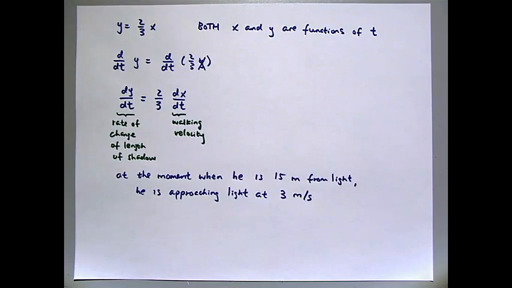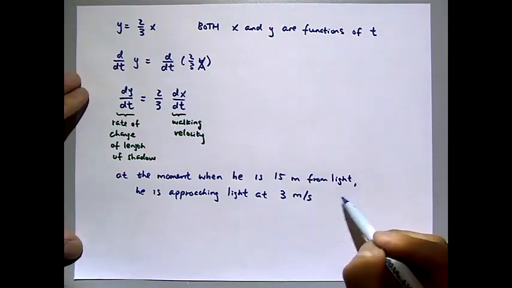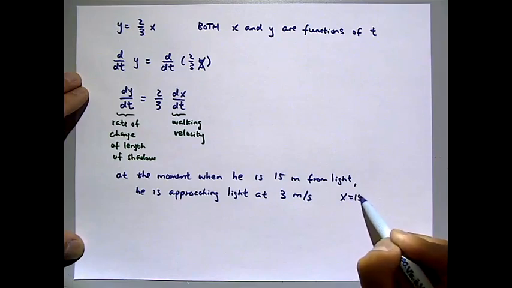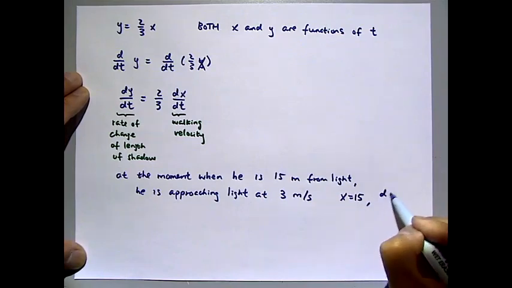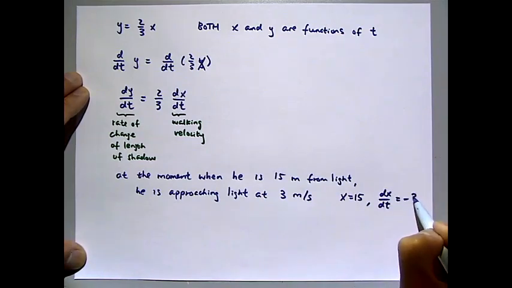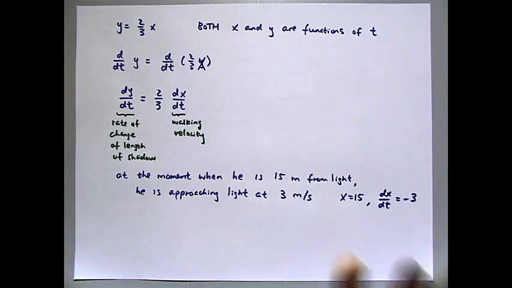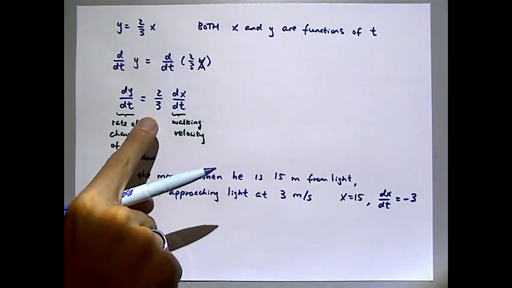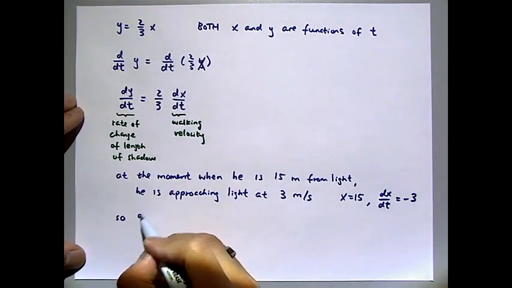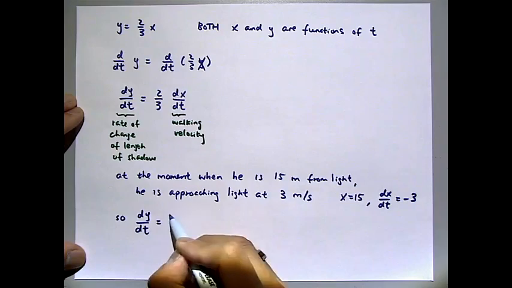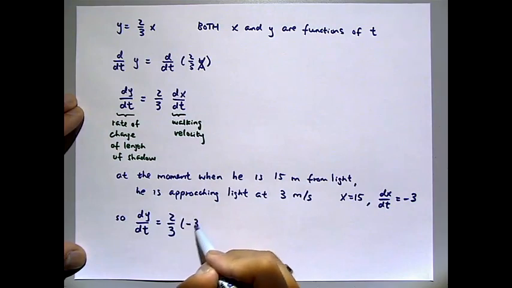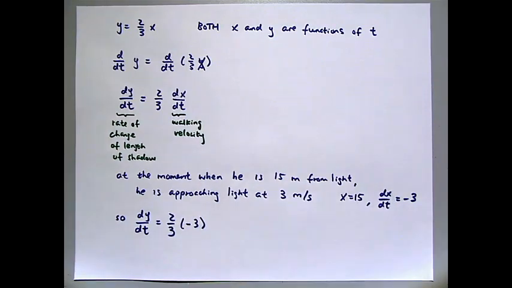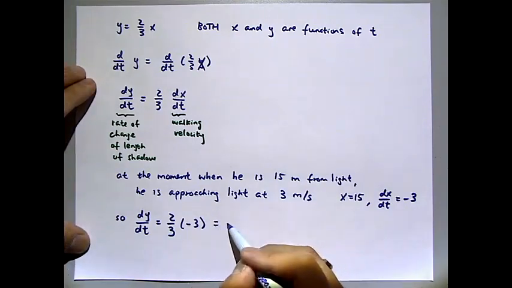If he maintains that speed, he'll reach the light in 5 seconds. So this tells us that x is equal to 15. That's the distance from him to the light. And dx/dt, approaching the light, is -3. Plugging everything we know into that equation, dy/dt is equal to 2/3 times dx/dt, -3, and we get -2, right?